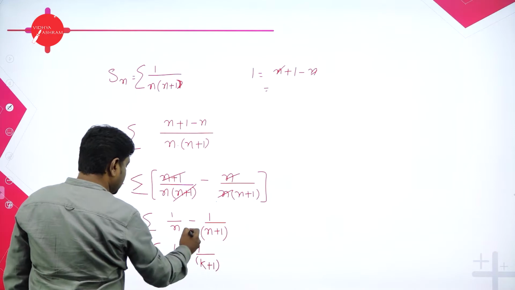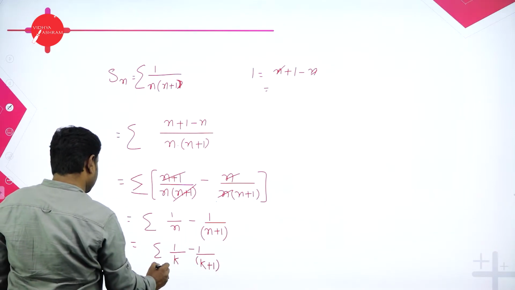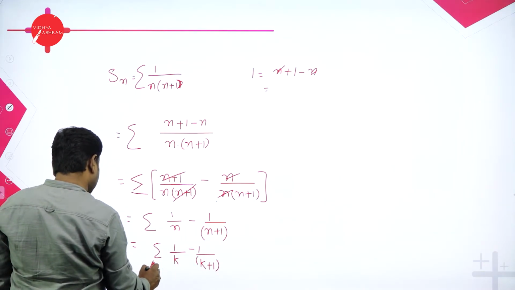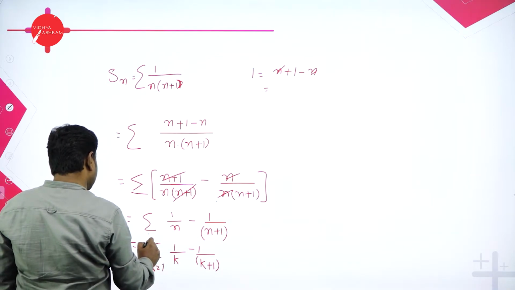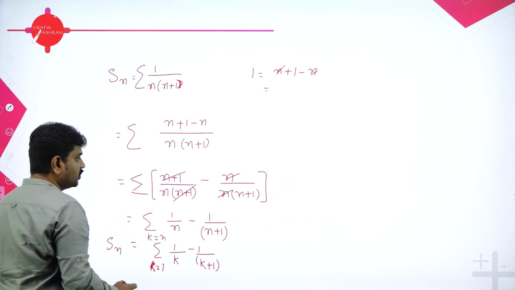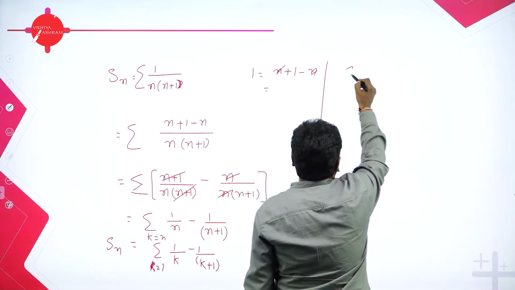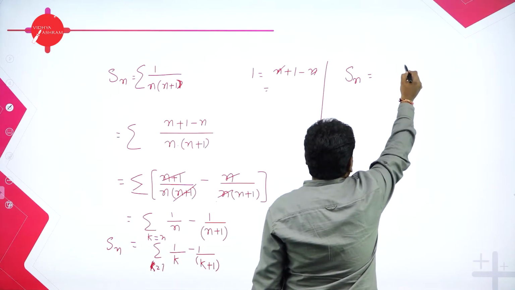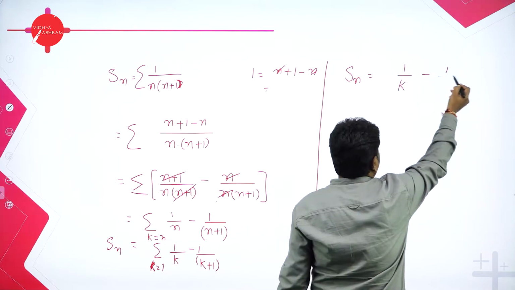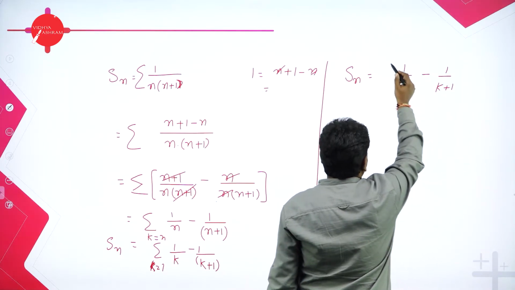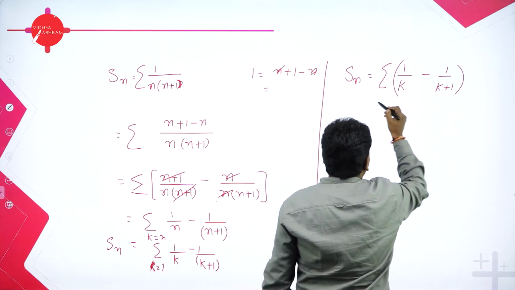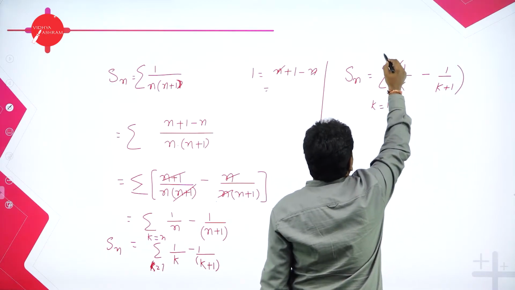I am replacing n with k, where the k value starts from 1 to k is equal to what? N. Very interesting. Now we created a formula. What is the formula? Sn is equal to the summation sigma of 1 by k minus 1 by k plus 1, from k value 1 to k value n.